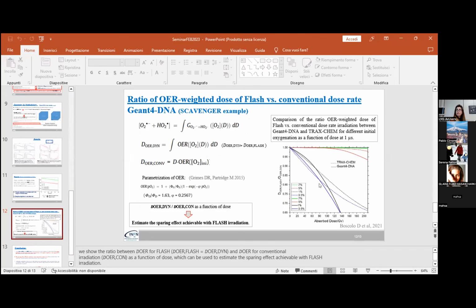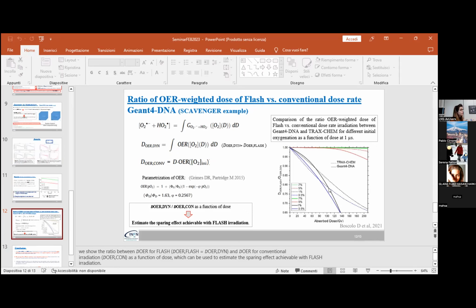You can see more changes in this plot. Okay, so this is an indication, but it is not sufficient to say that oxygen depletion is responsible for this. It's not clear.